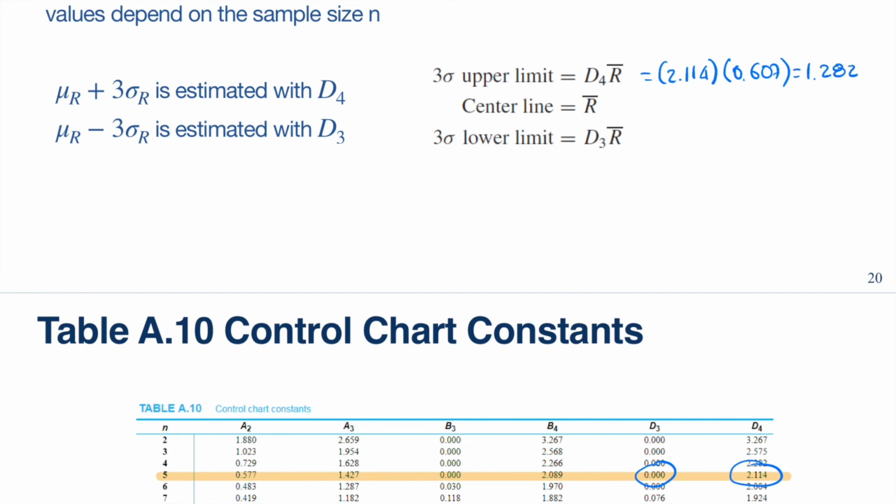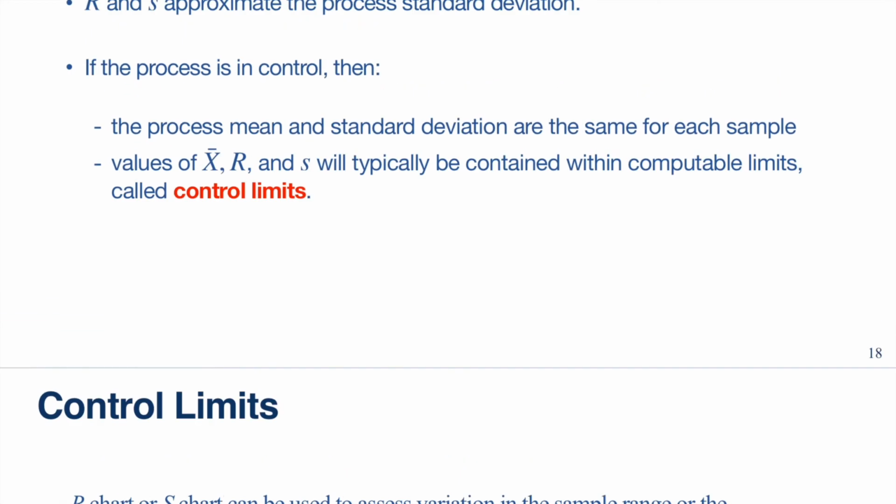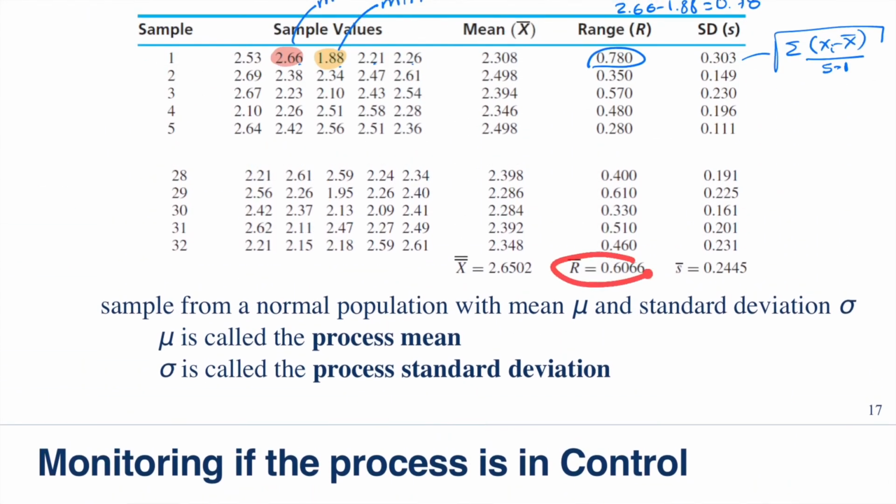And this is equal to 1.282. If you don't remember where this value R bar came from, let's go back to the table, and this is the mean of the column of ranges of all the samples.